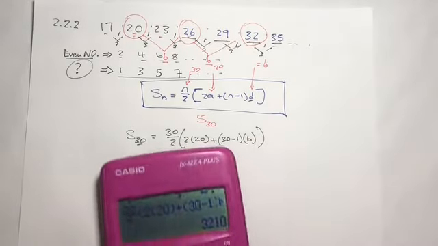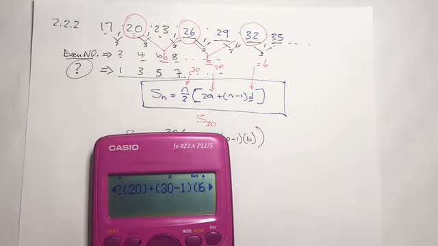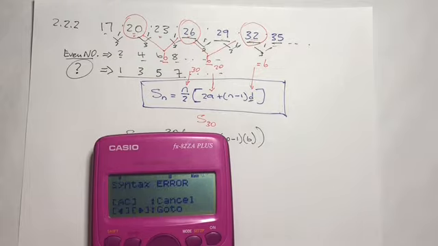So I'll just quickly show you. Let's try to have this 6 inserted but not substituted in brackets. Can you see? It gives you an error. So it's more like you're saying 30 minus 1 close bracket 6. You see?